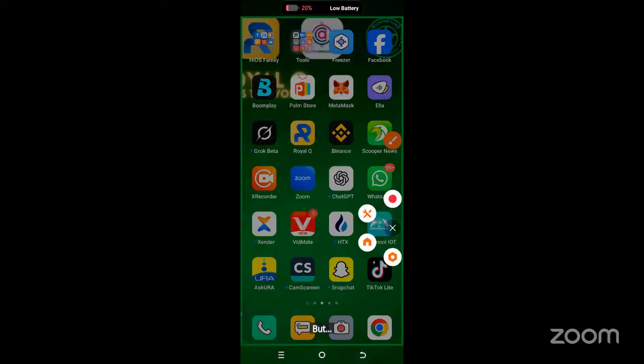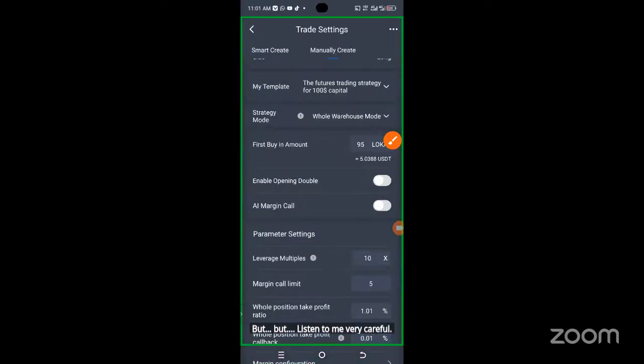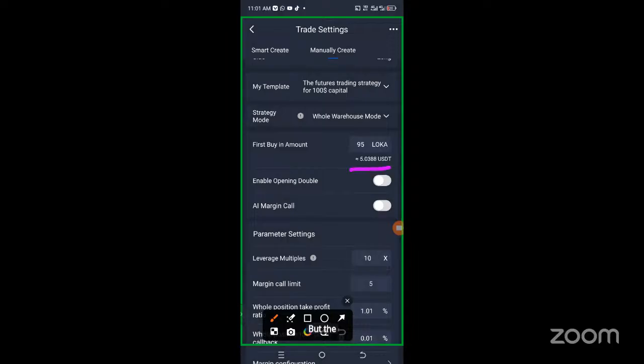But listen to me very carefully. The $50 is given in terms of coins of local. Therefore, we are supposed to change it into the number of coins of local.